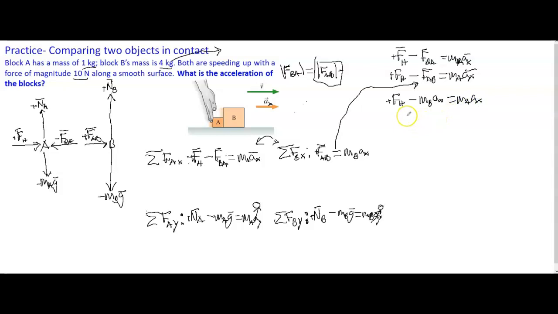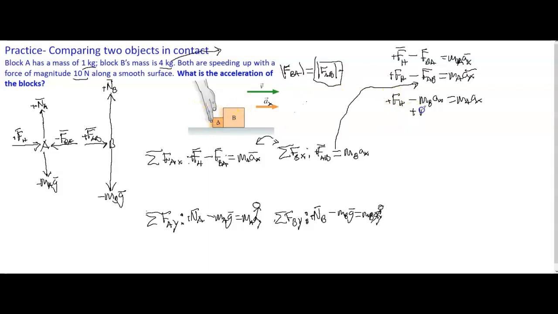And what we're going to find out when we bring over block B times the acceleration, it's also pushing block A to the right too, which kind of makes sense. It's pushing both objects to the right, and block A is actually just pushing block B to the right, but block A is being pushed to the right by the hand. So that's kind of what this is saying.